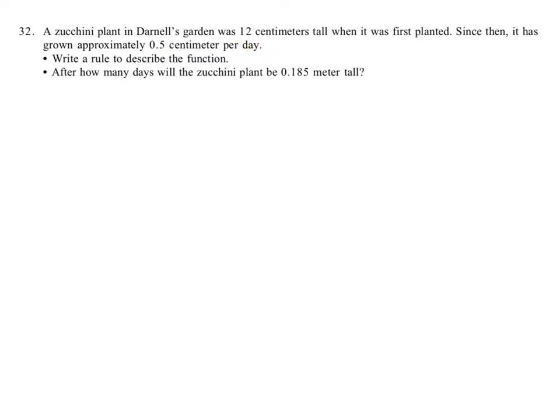Okay, so what we've got, we can say the rule for the height, and what we need to do is define the variables. So I could say let h equal the height of the zucchini plant.